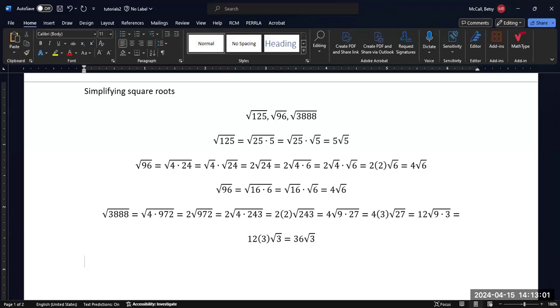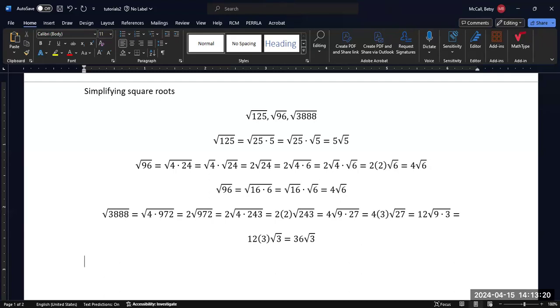So again, it's great if you can find a large perfect square factor. And there's nothing wrong with going through your list of perfect squares and trying a bunch of them to see what's the biggest one that you can take out of there. Absolutely nothing wrong with that, but you don't have to proceed that way.